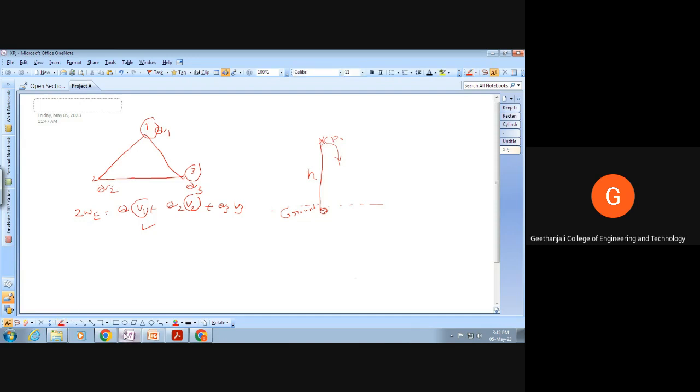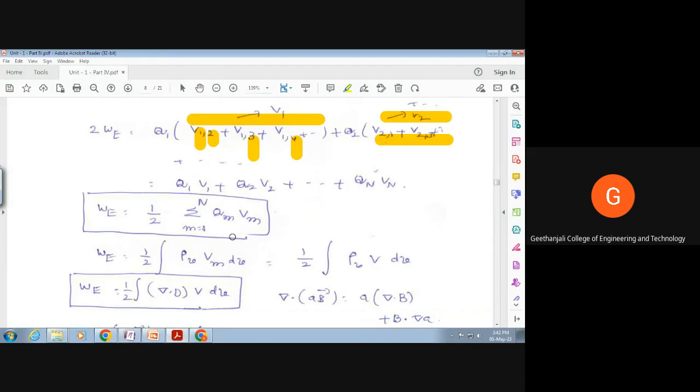But suppose I got a tremendous number of point charges, then the sigma Qm can now be replaced with the integral rho v dv. Suppose you got millions of point charges, how do you represent the charge in the form of a volume charge? We know that integral rho v dv is equal to Q. So if the number of point charges is very large, then sigma Qm can be replaced with the integral rho v dv.